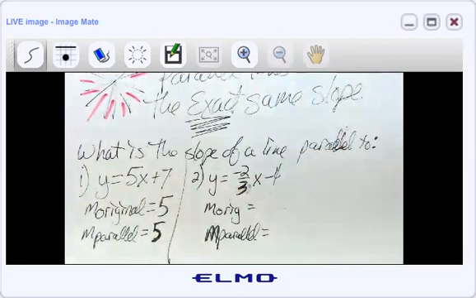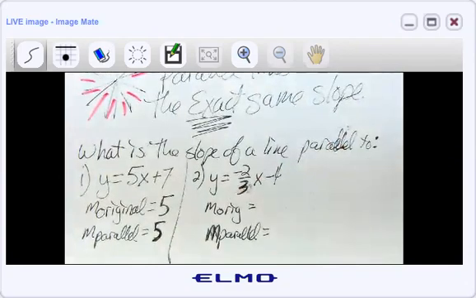All right, so let me keep calling on people here. Let's see, oh no, this is my pile of ones that I have not yet called on. Let me pick you all up. All right, what's the slope of this line? Ketrin. Negative 2/3. You got it.